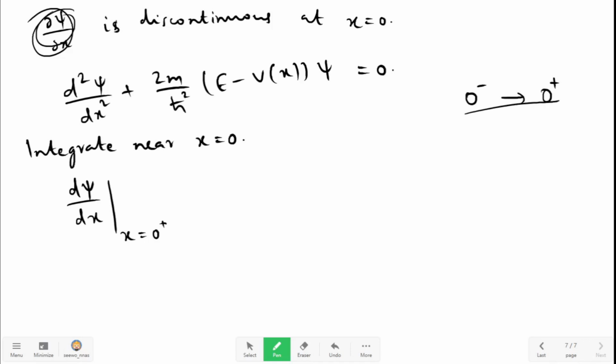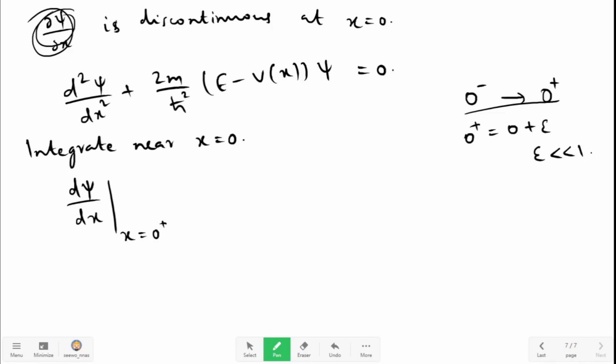Now 0 minus means a very small quantity which is to the left of 0, like negative 0.000001, a very small value near 0, and 0 plus means a very small value which is greater than 0, that is 0 plus epsilon, where epsilon is very much less than 1.